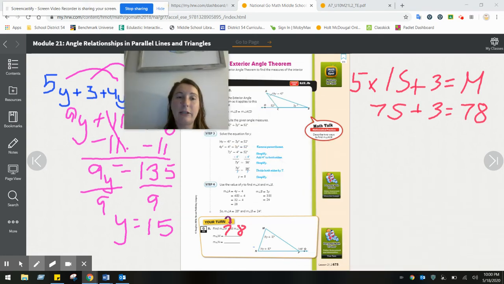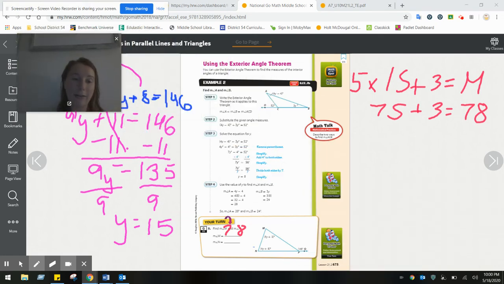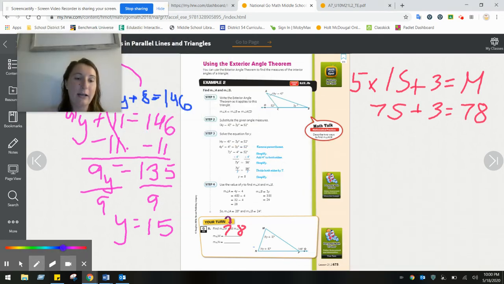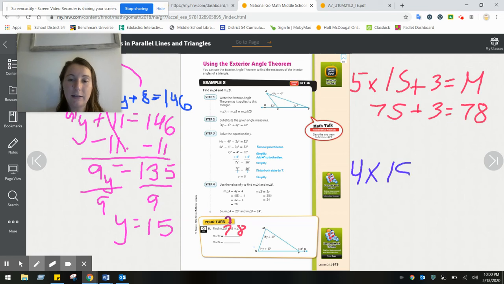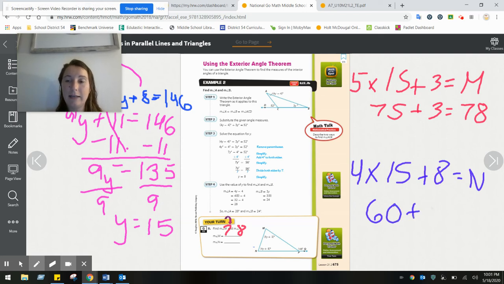Now how about angle N, I apologize. For angle N, I will have 4 times 15 plus 8 equals N. In this case, 4 times 15 is going to be 60, plus 8 equals 68. So the measure of angle N is 68.